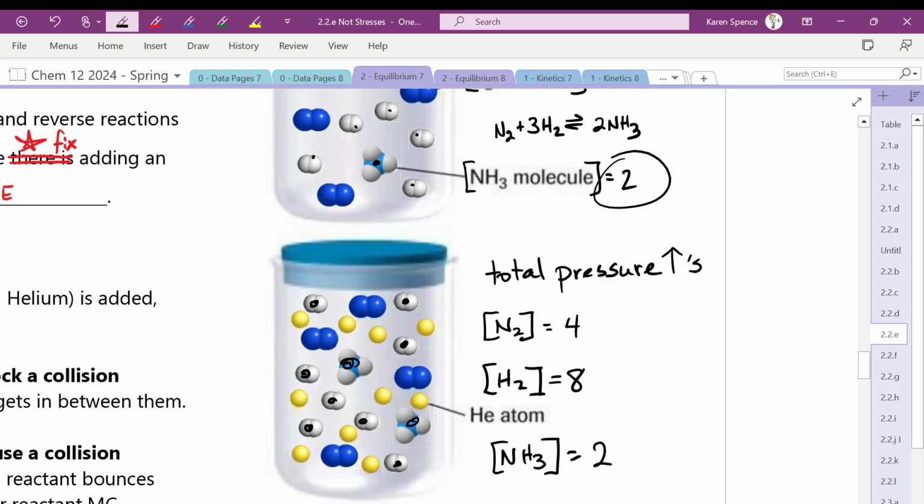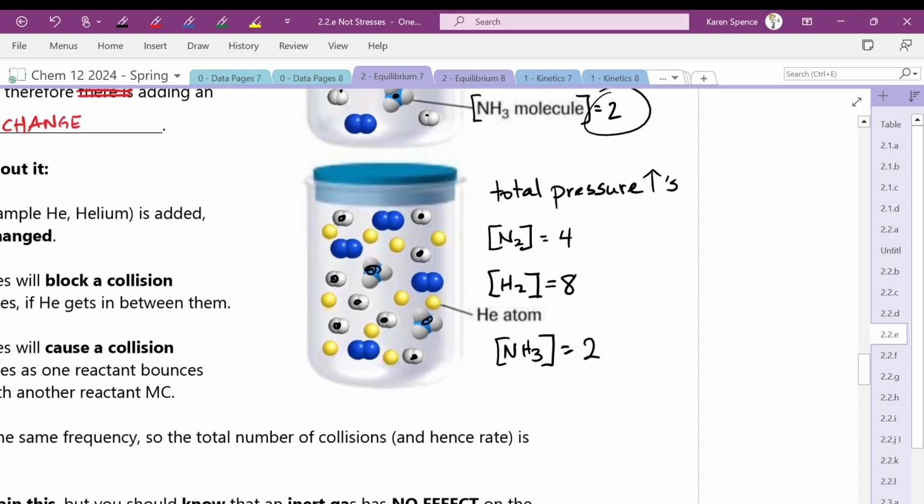So 2. If we have not changed the concentrations, has the frequency of collisions changed? No. Concentration is the same. Therefore, the frequency of collisions is the same.